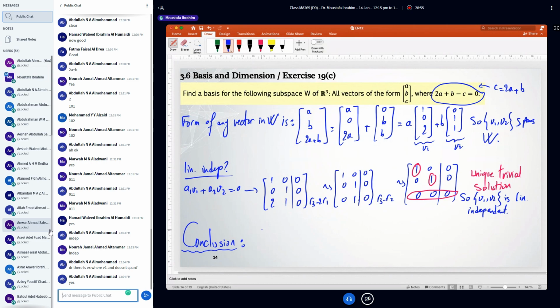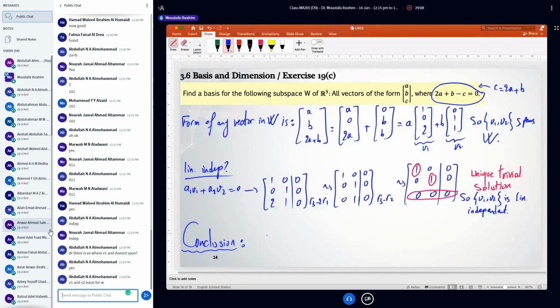But here for a subspace, you will always find a span because you are splitting the vector. So by definition, spanning. So conclusion, V1, V2, very good, is a basis. And what's the dimension of W?